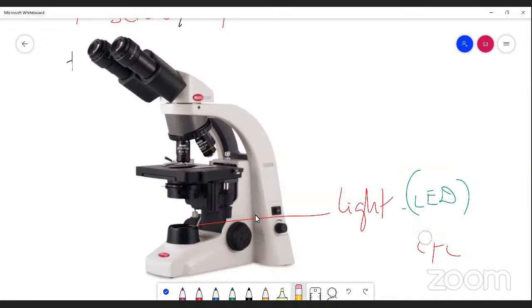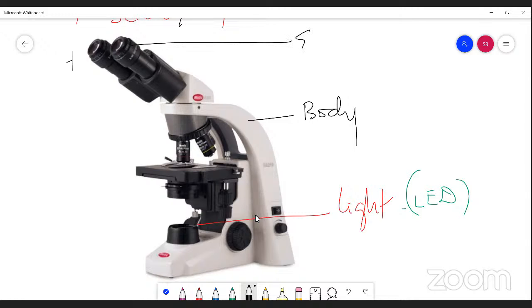Generally, just imagine the LED bulb is there in the bottom of the bright field microscope. Actually, this bright field microscope consists of mainly three parts. If you want to understand, the first one is the body of the microscope. Now, this is the body, right? It is the body of the microscope, and it consists of the eyepiece lens. It is known simply as the eyepiece lens.